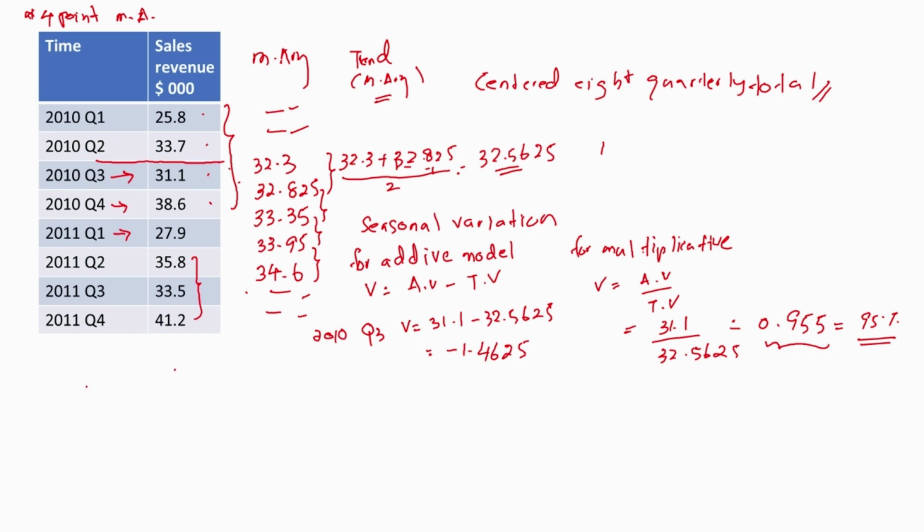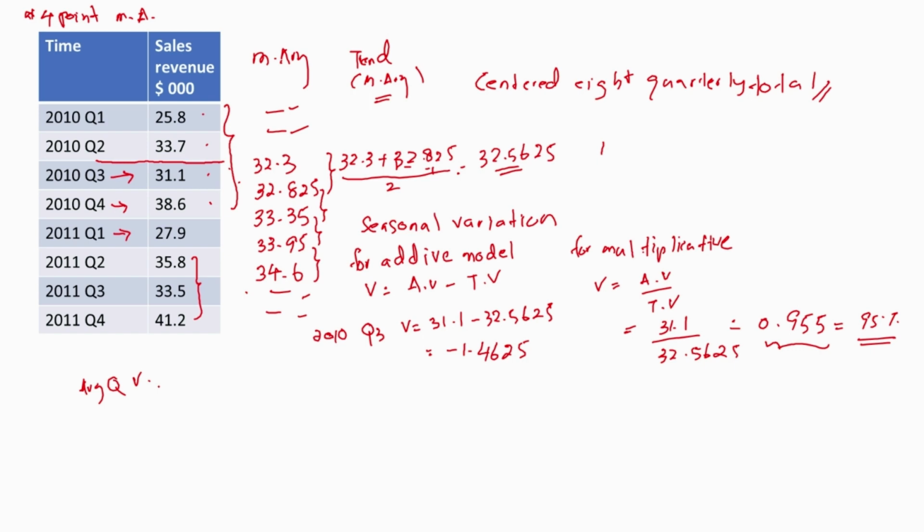Like we did in the linear regression, we have to calculate the average quarterly variations, which means we have to take the comparable seasonal variations and take the average. That means we have to take the averages of Q1 separately, Q2 separately, Q3 separately and Q4 separately.